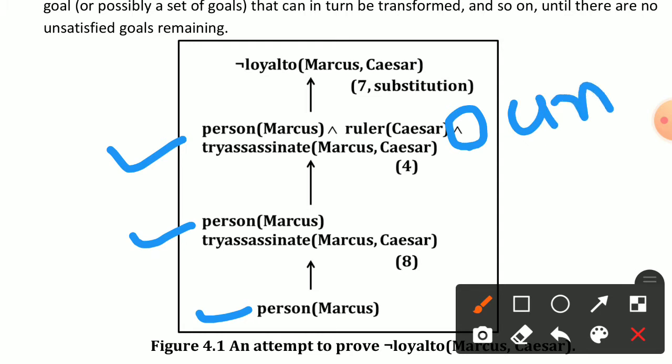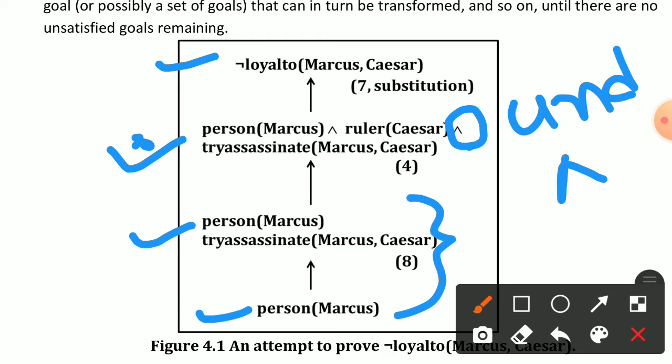AND operation, and its symbol is like this: person Marcus and ruler Caesar and tryassassinate Marcus comma Caesar. We can combine these two possibilities and make these three possibilities, and use the AND operation. Now not loyal to Marcus, comma Caesar.